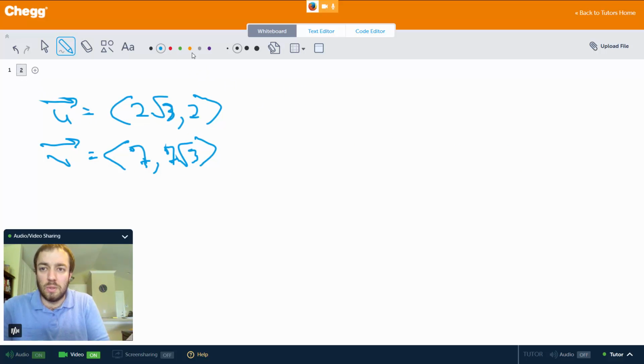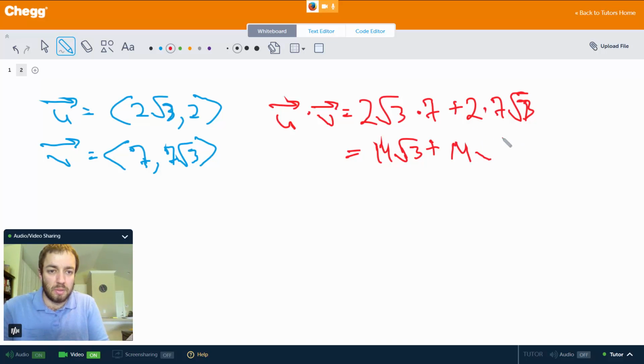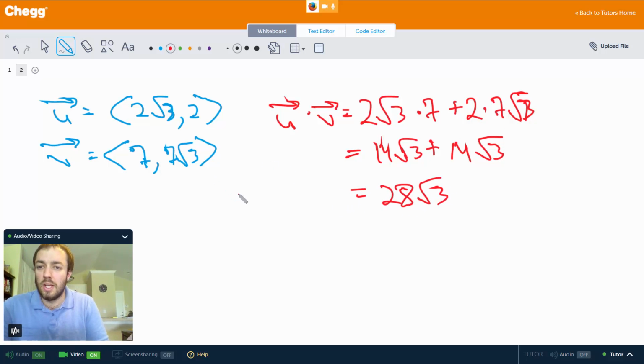So now u dot v is going to be 2 root 3 times 7 plus 2 times 7 root 3. And 2 root 3 times 7 is 14 root 3, and 2 times 7 root 3 is also 14 root 3. So this whole thing is 28 times the square root of 3. So that's our dot product. Okay, that's good. Now, how about the magnitudes?